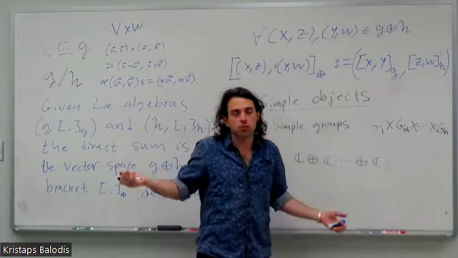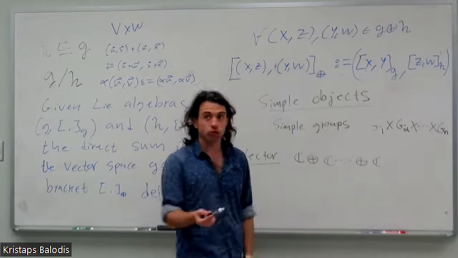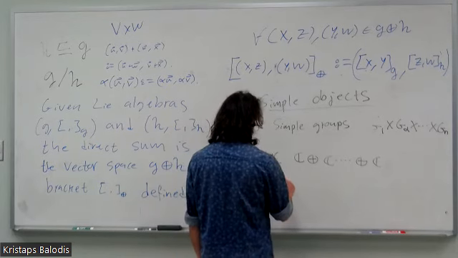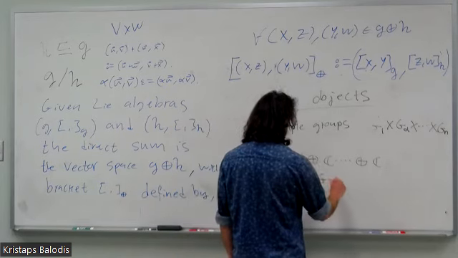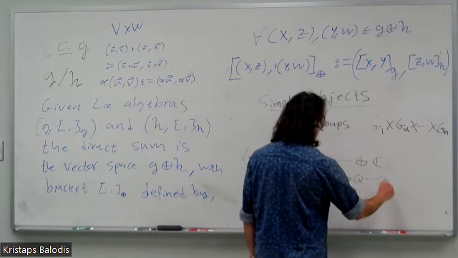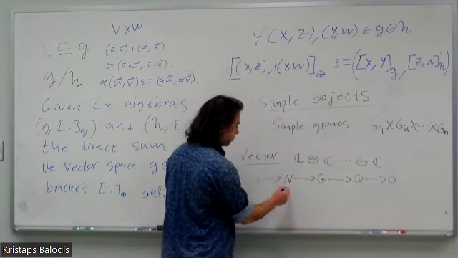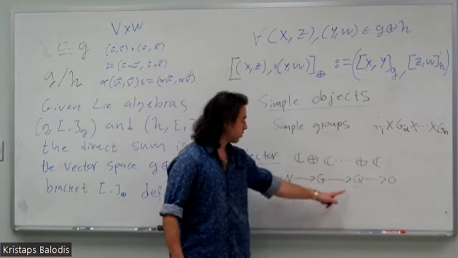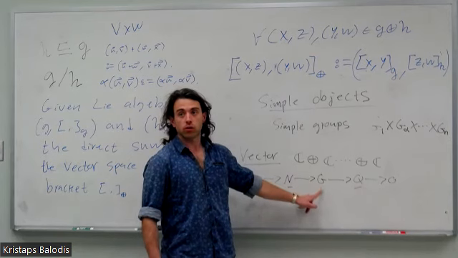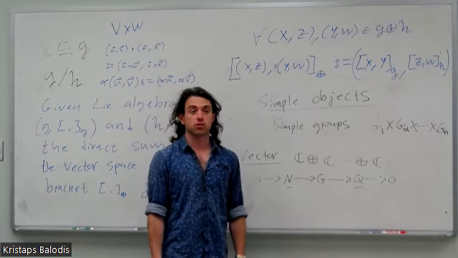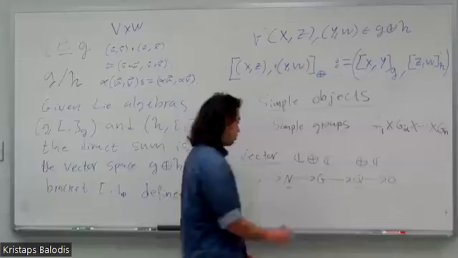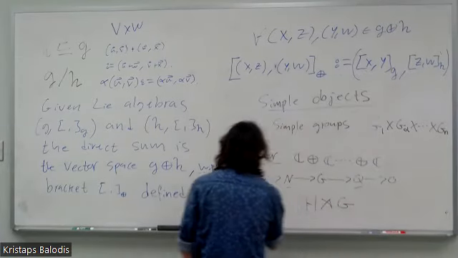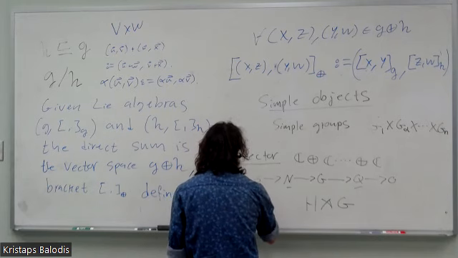So some words to look up if you're curious: the idea of a short exact sequence is exactly what allows us to glue two simple groups together into a larger group in a way that's more complicated than the direct product. If that's too fancy for you, there's also the concept of a semi-direct product, which might be more understandable to look up.